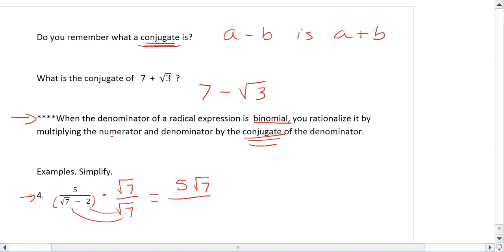It's looking good when I take the square root 7 times square root 7, and I get 7, but then look what happens here. Negative 2 times square root 7 is just that. So we got rid of one radical, but we ended up with another one. I just wanted to show you the why part, why we need to use a conjugate.